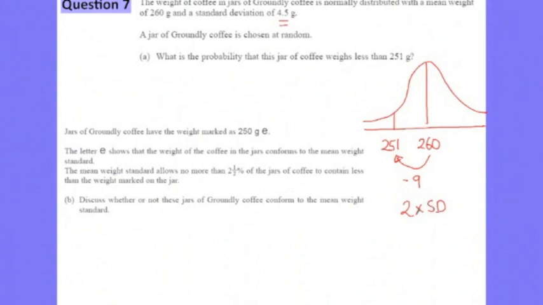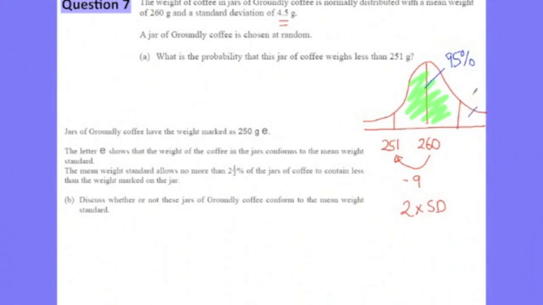So if it's 2 times the standard deviation, we know that 2 times the standard deviation includes 95% of the normally distributed data. This part here is worth 95% of the distribution.